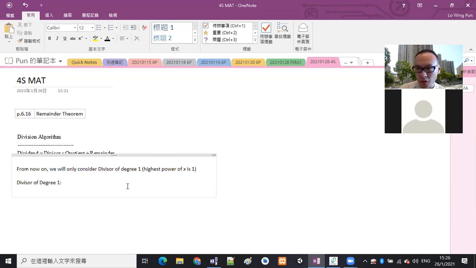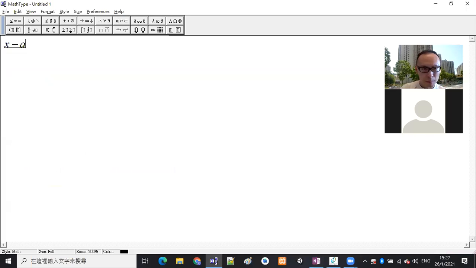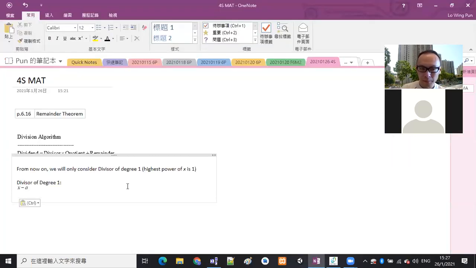What is the look of a divisor of degree 1? The most simple one should be just like this: x minus a number or x plus a number. We usually use the minus form, and you will see later why, but it does not really matter whether you use plus or minus. This is the first type.